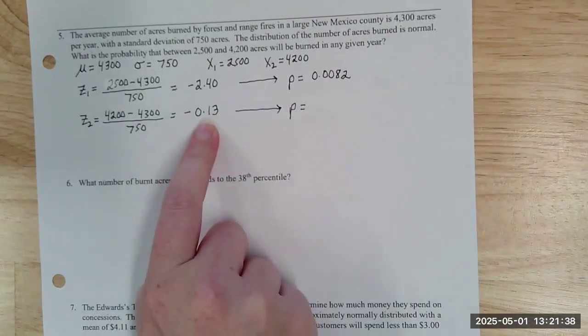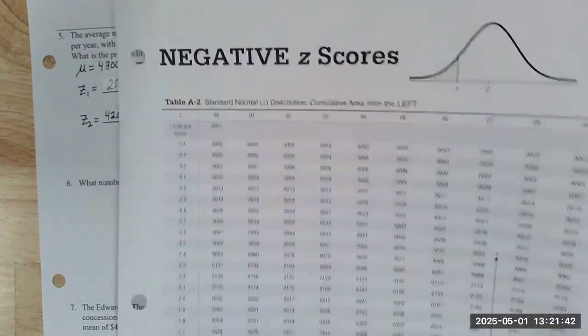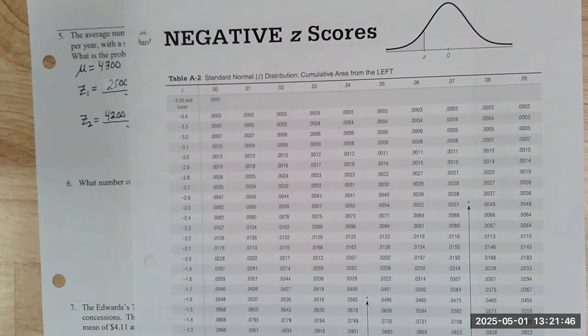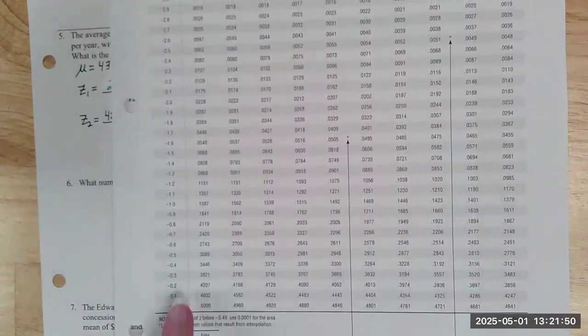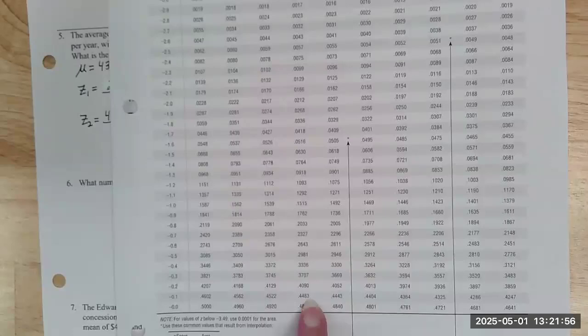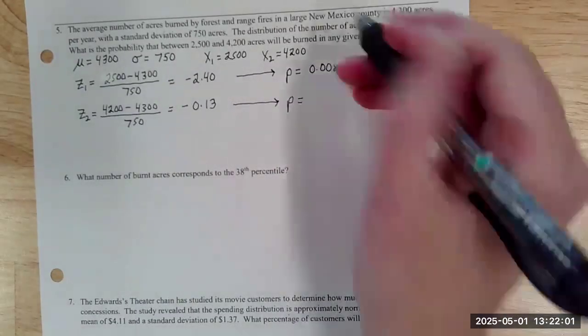And then the other one is also a negative Z. So negative 0.13. Negative 0.1, and then we got to come over to 3. So we're down here at the bottom, negative 0.13 is 0.4483.